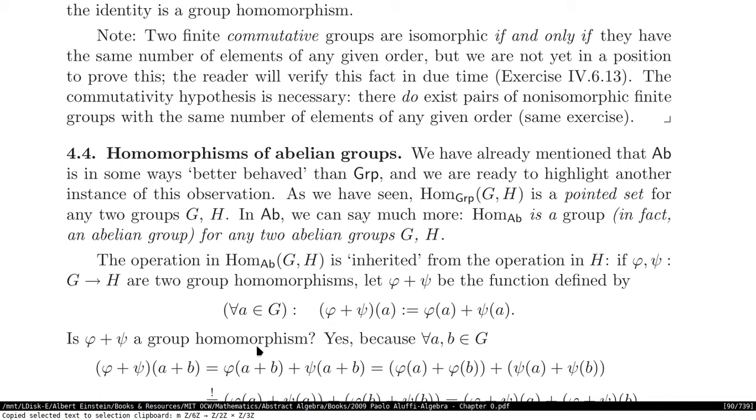So the operation that you have on the Hom set of abelian groups is inherited from the operation in H. Let's see how that works. You have two group homomorphisms going from G to H. Then you add these two homomorphisms in this manner: phi plus psi acting on an element a of the group is equal to phi of a plus psi of a.